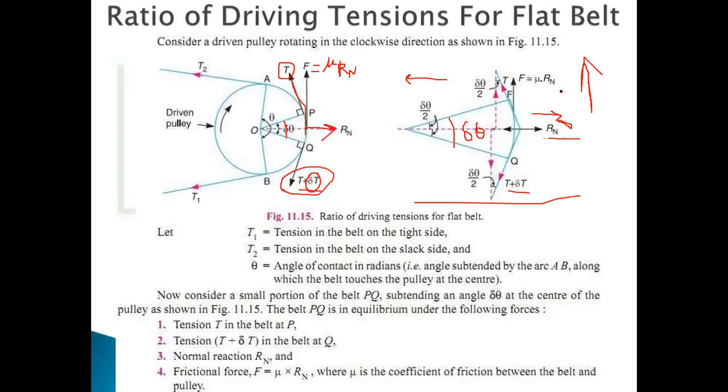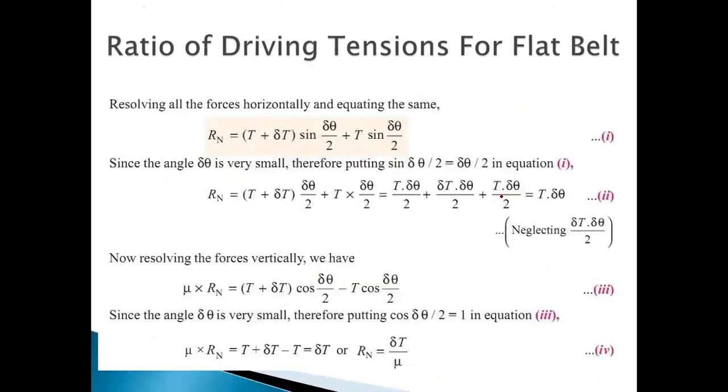Similarly, we have to equate the vertical forces. In the upward direction the force is F, and also the vertical component T cos delta theta by 2, and in the downward direction the force is T plus delta T cos delta theta by 2, right?